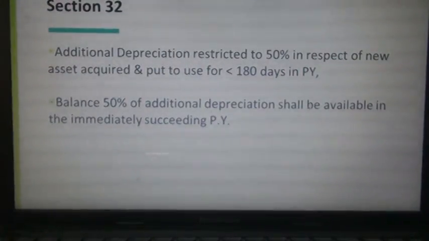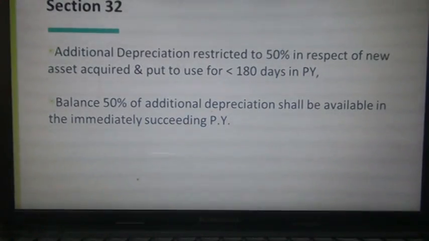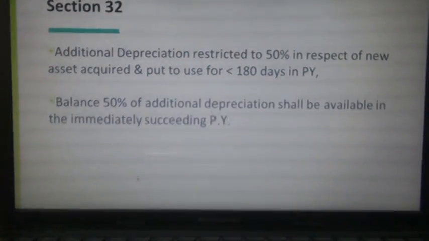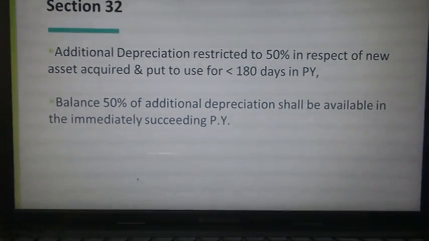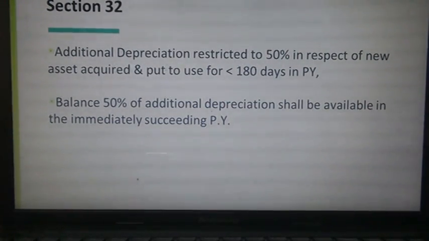Coming to the next series of amendments, which are a bit more relevant and a bit more important, I would say, from the exam viewpoint. So we first talk about amendments in Chapter 4D, that is PGBP, Business Income, and coming first to Section 32. Section 32, as we all know, talks about depreciation, and the amendment that has taken place here is with respect to additional depreciation.